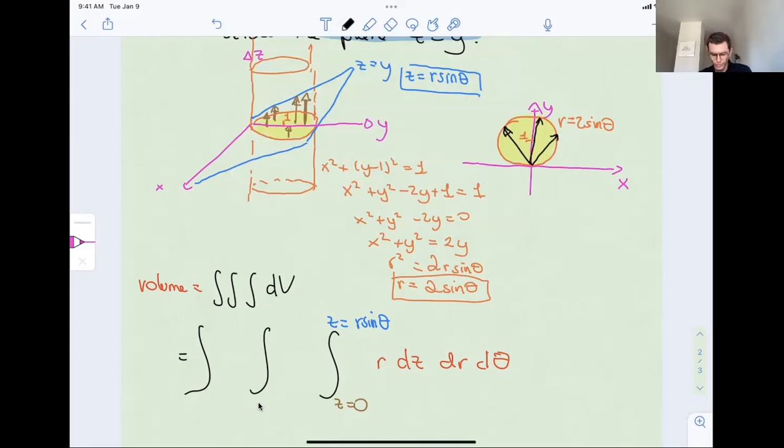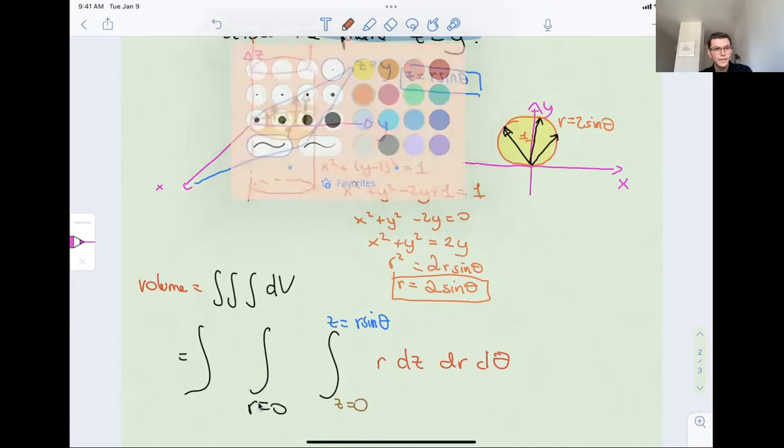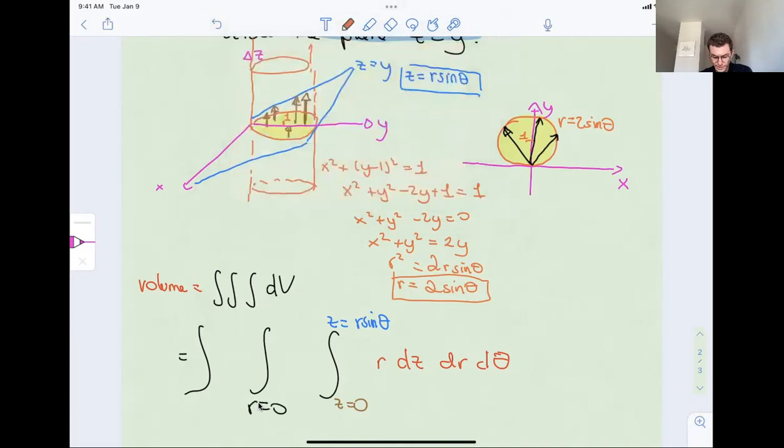So they will start at the origin, right? And where do these arrows all exit? Yes, they exit at the equation of the circle, which is 2 sine of theta. And this circle is located on the first 2 quadrants, so the angle goes from 0 to pi. Is that making sense?